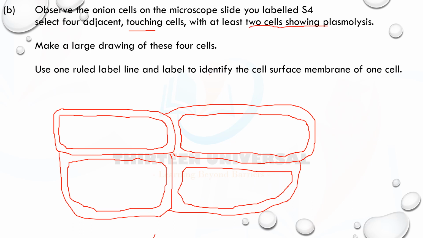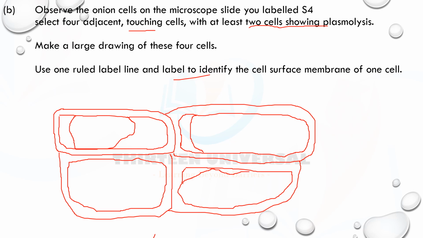Okay, if I like, I can decide to maybe show a little bit of plasmolysis here, based on what I see. Okay, let's assume this is plasmolysis. Let's assume I have this level of plasmolysis here. Okay, let's assume I have a plasmolysis like this level of plasmolysis.